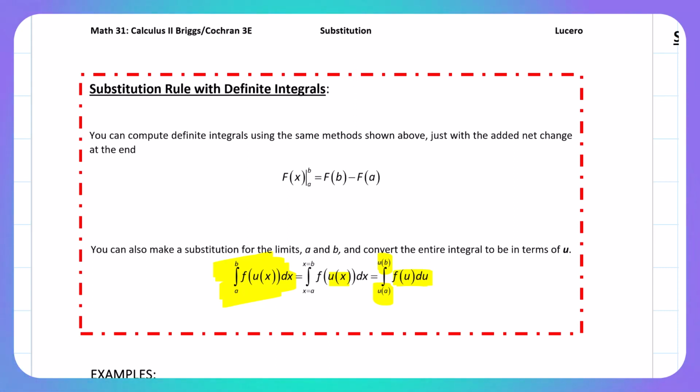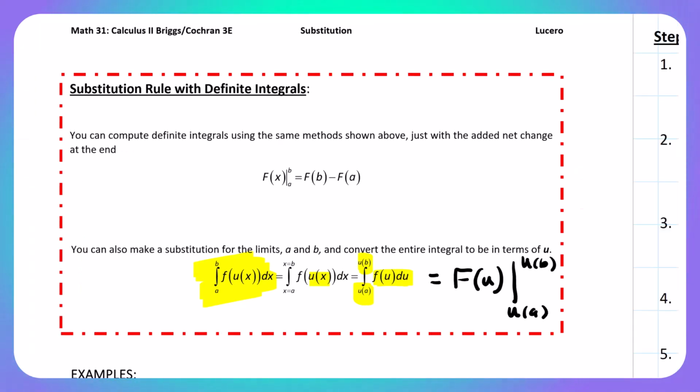But if we do that, then we can just do the evaluation across u rather than going back in terms of x. So then we have f of u, and we can evaluate that from u of a to u of b, and we never have to go back in terms of x, and that can be useful. So let's do a couple of examples and show what that would look like.